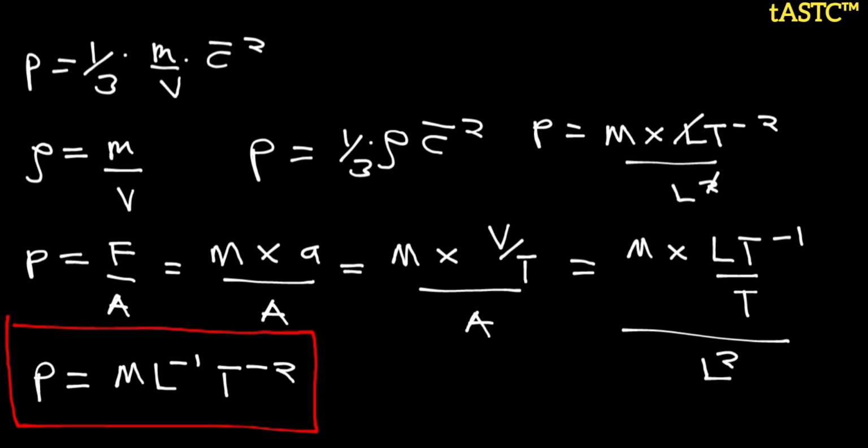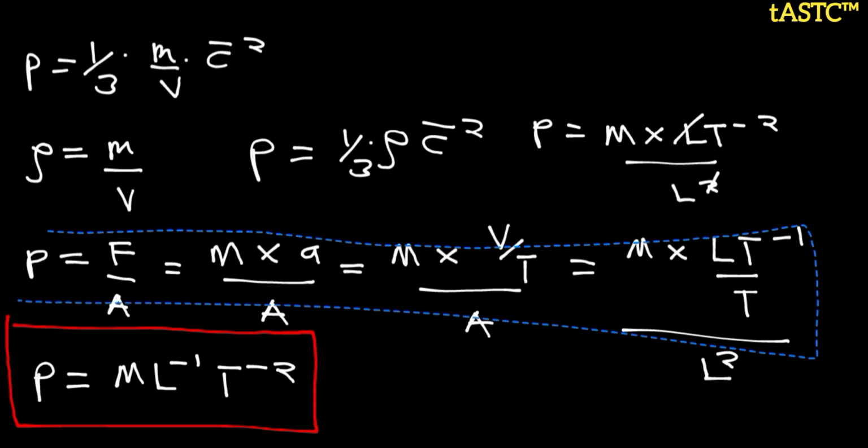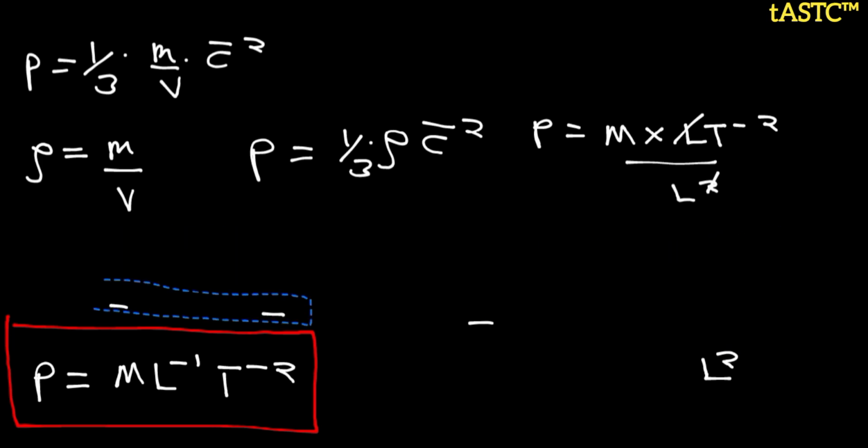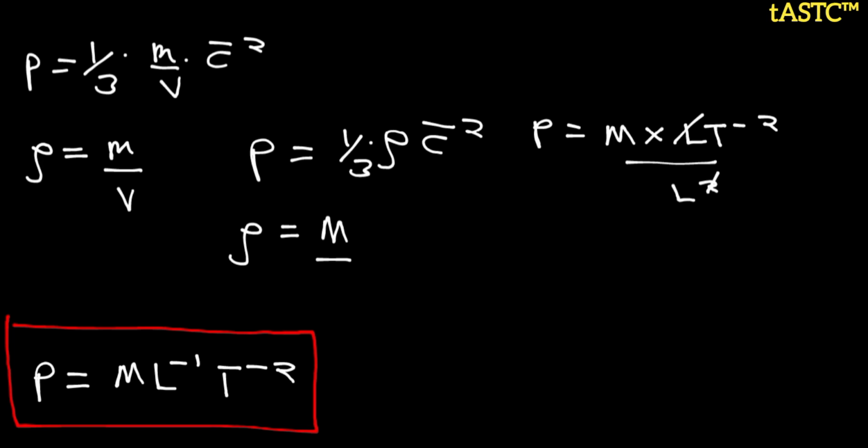Next, we're going to find the dimensions for the other side. If we find it to be equal to the left side, we're going to say this is dimensionally correct. Here we have density, and we also have the velocity, which is squared. What is density? Density is equal to mass divided by the volume. Mass has a dimension of M, and the volume has a dimension of L cubed.